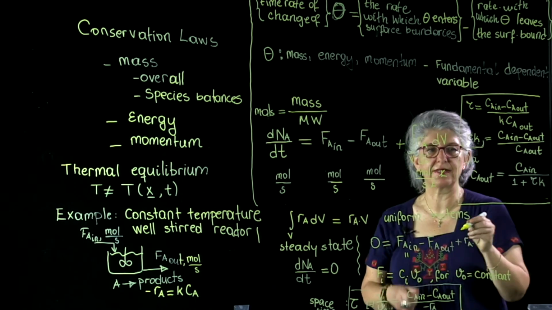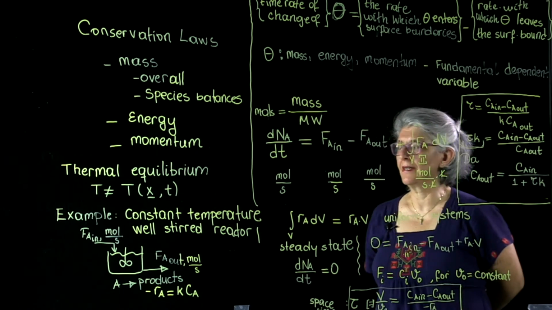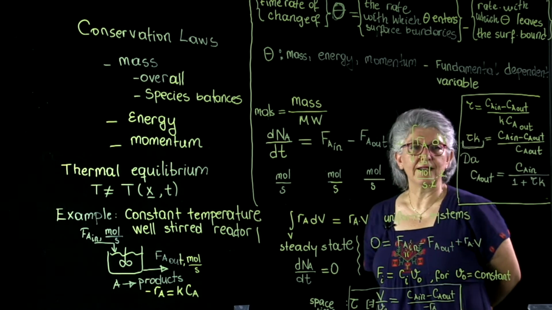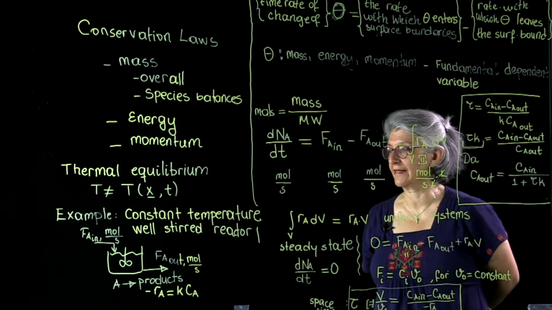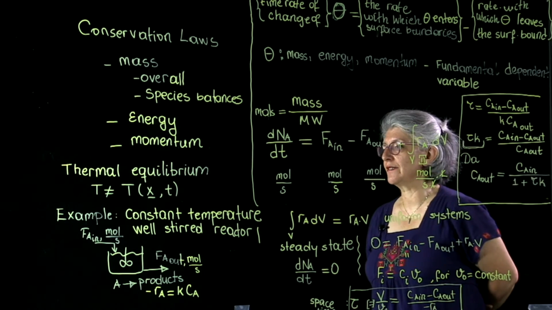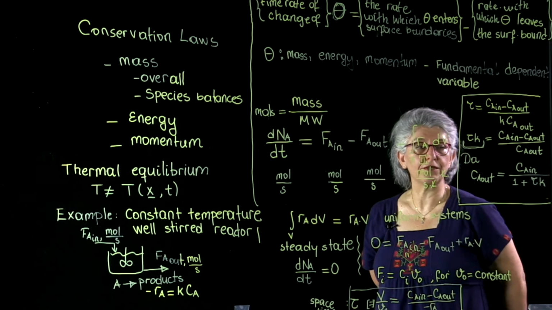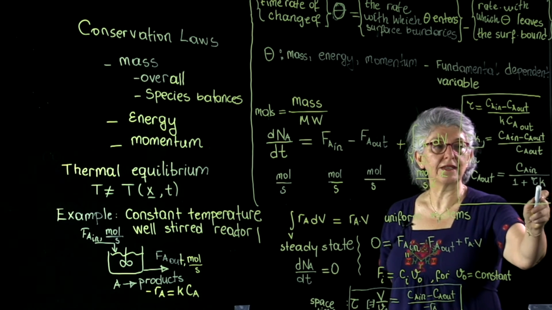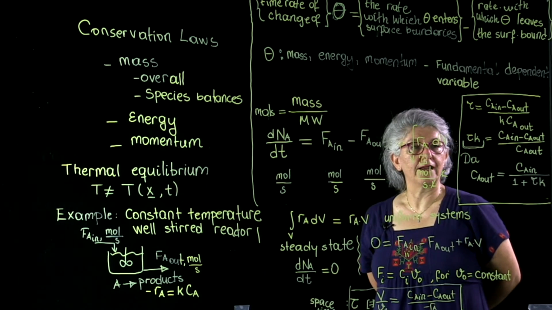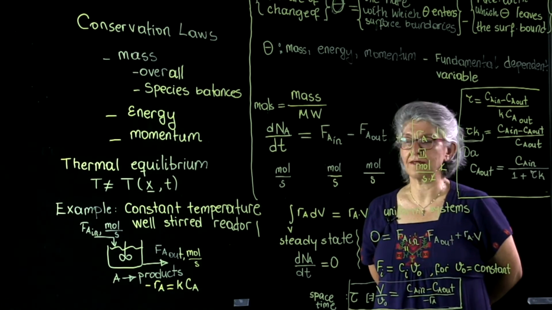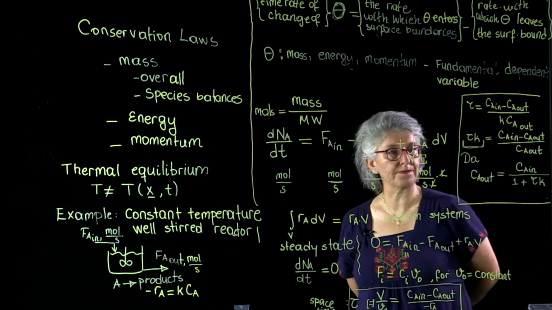So, what does this equation tell us? This equation tells us that the outlet concentration of species A, the reactant, depends very strongly on the inlet concentration, on the reaction rate constant, and on the space-time. We can play with the inlet concentration by changing the concentration.